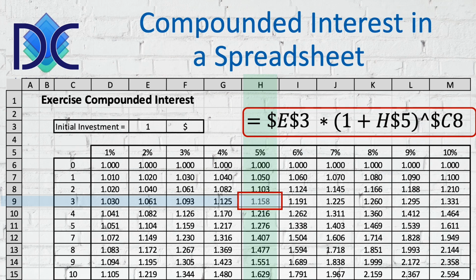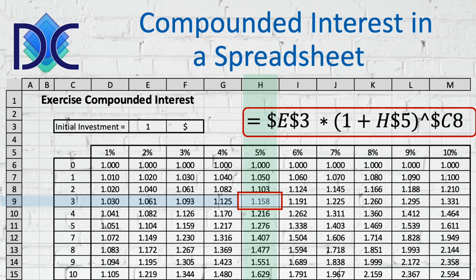And then I take the power of the number of years, and the year I can find in the column C. So basically in the column C, I find the year, so I have to fix the column when I'm dragging that formula all over the table.